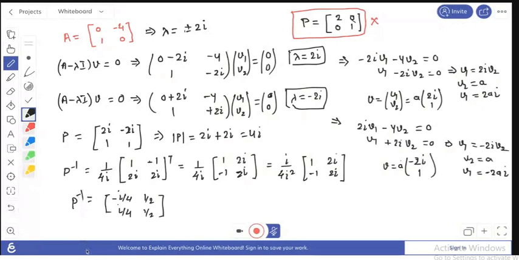So you get this type of concentric ellipses. What about the clockwise and anti-clockwise direction? This depends on which one you consider, whether your eigenvalue is plus 2i or minus 2i. If you take plus 2i, then the direction of that is clockwise or anti-clockwise accordingly.